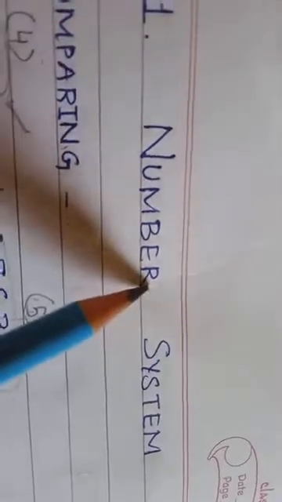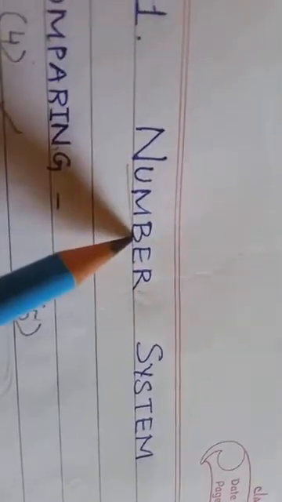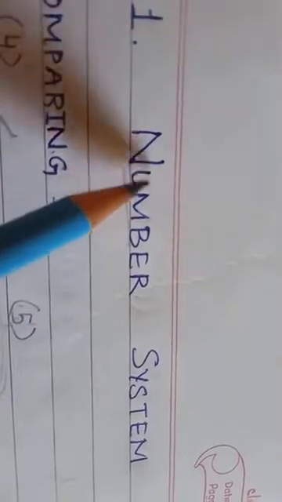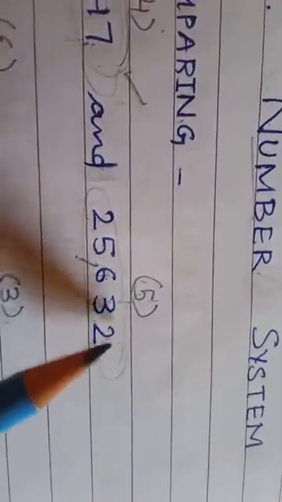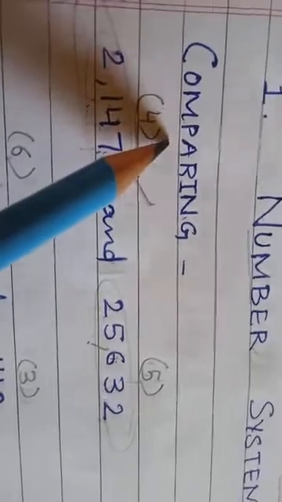This word is made up of how many alphabets? 1, 2, 3, 4, 5, 6. So there are 6 alphabets in this word. Similarly, in this number, how many digits are there? 1, 2, 3, 4. Here also 1, 2, 3, 4, 5. So 4 and 5. Now it is clear that 4 is less than 5.